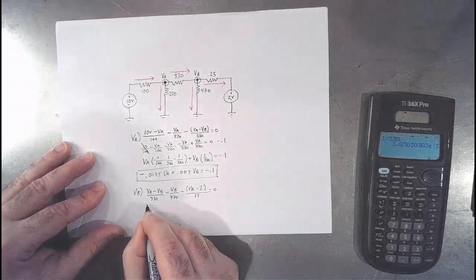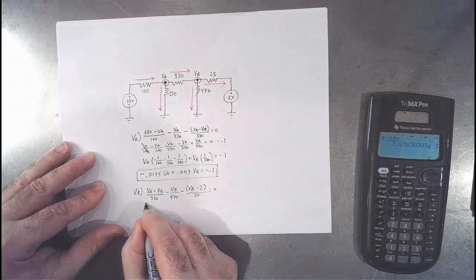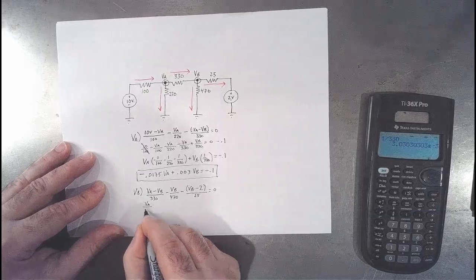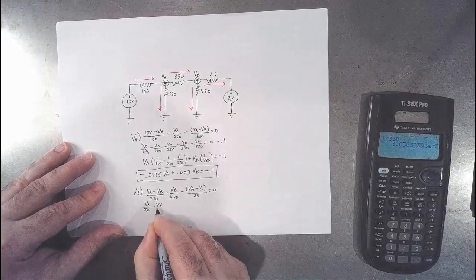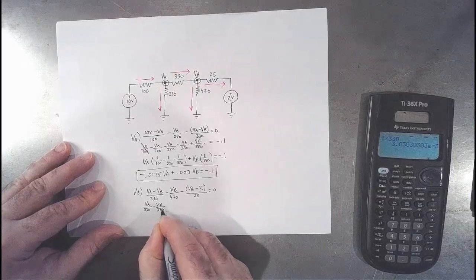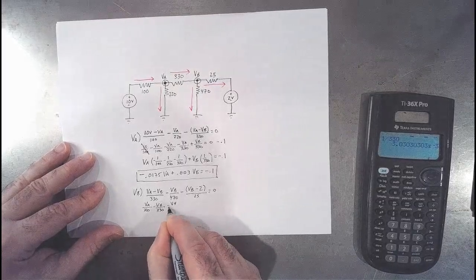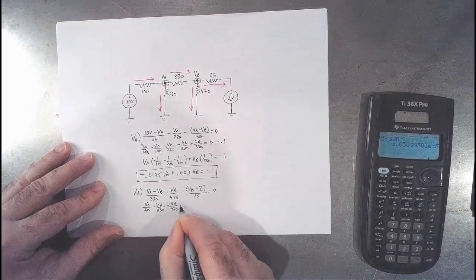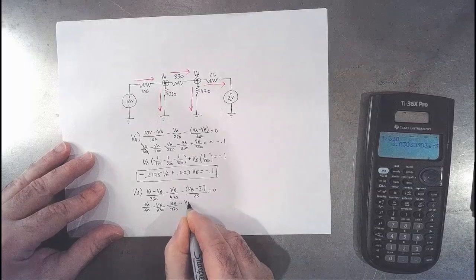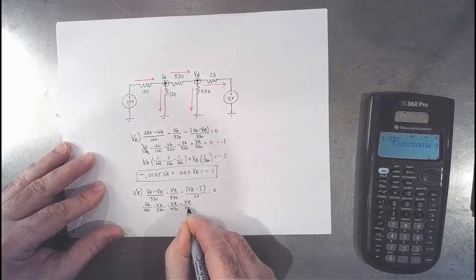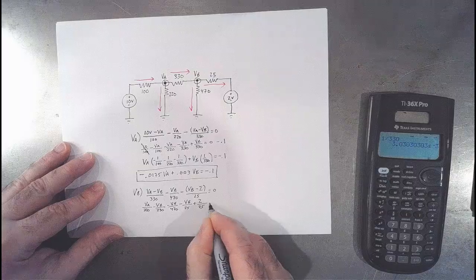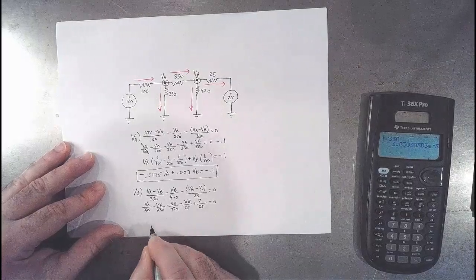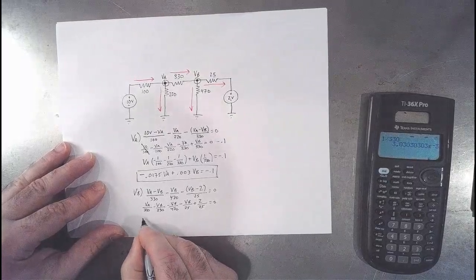Let's break this into its respective pieces. So we've got VA over 330 minus VB over 330 minus VB over 470 minus VB over 25 plus 2 over 25 equals 0. Let's factor out the VAs.